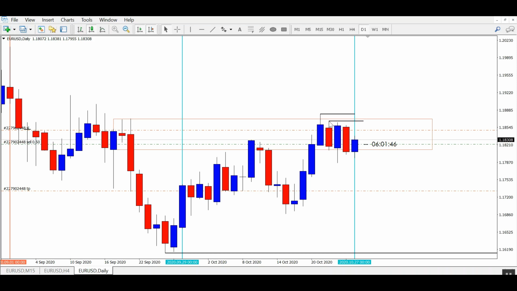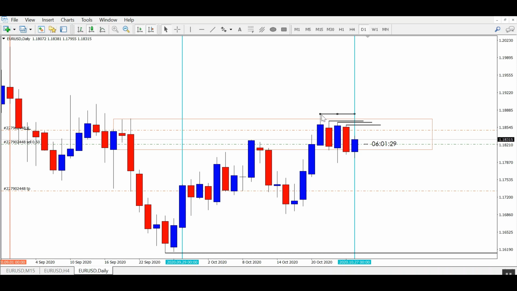So we have the high of the following day, and then the high of the following day, and then the high of the following day. So we can see that day by day the market is creating lower highs, right?